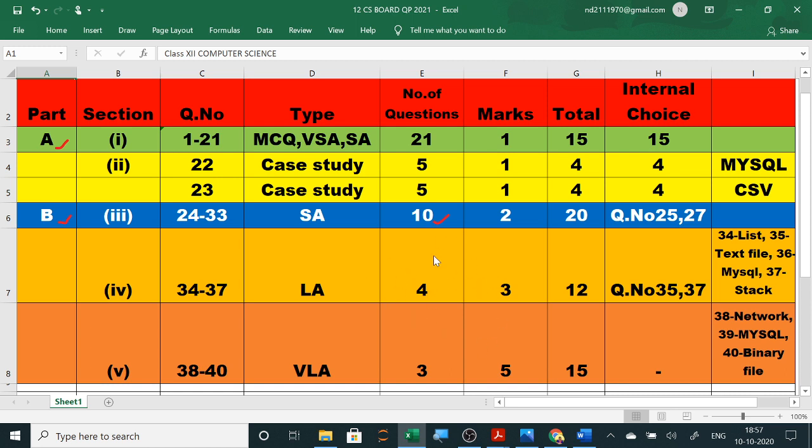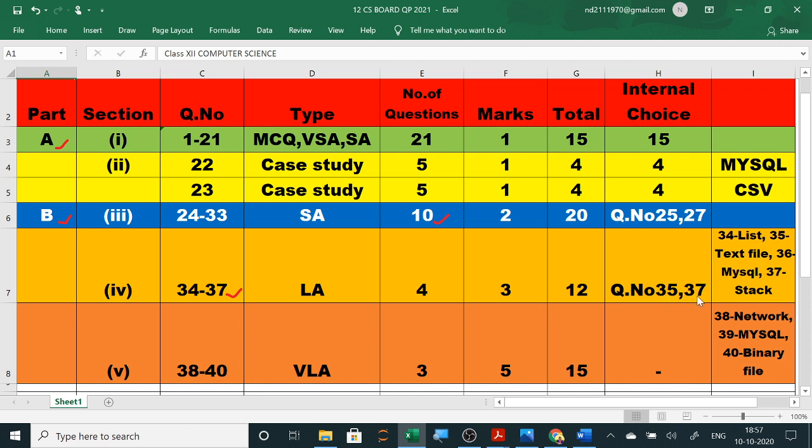Now here you can see the 3 marks questions. Question number 34 to 37 is long answer, in which you are having 4 questions, each of 3 marks. Question number 34 is a list with function. You have to perform a function on a list. Then question number 35 is a text file.